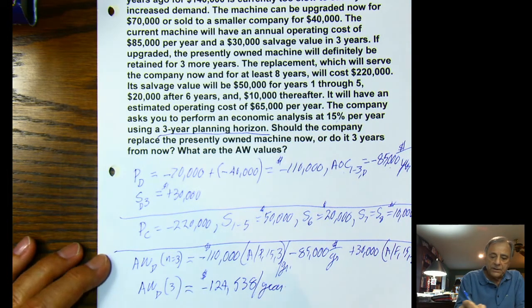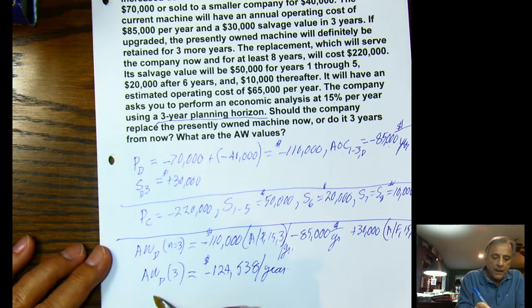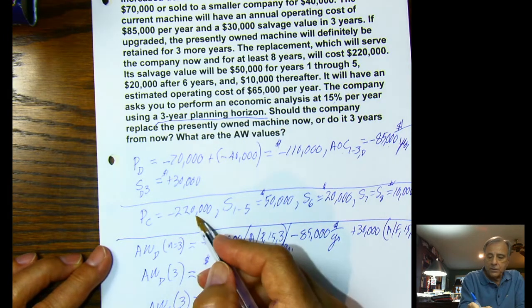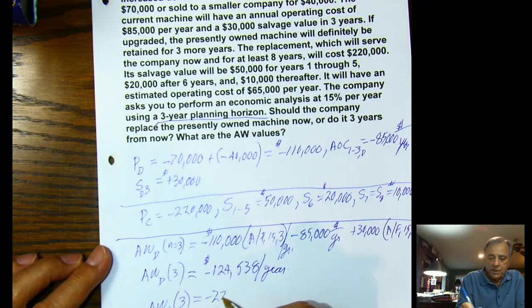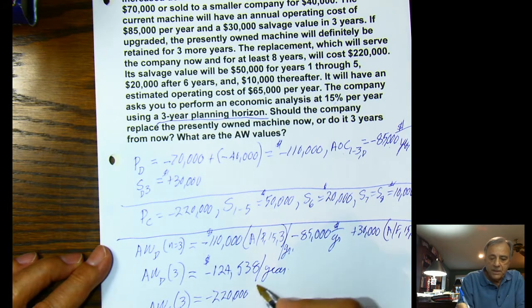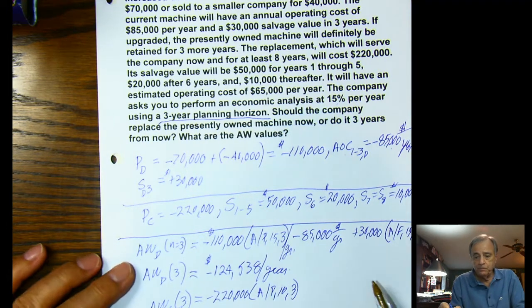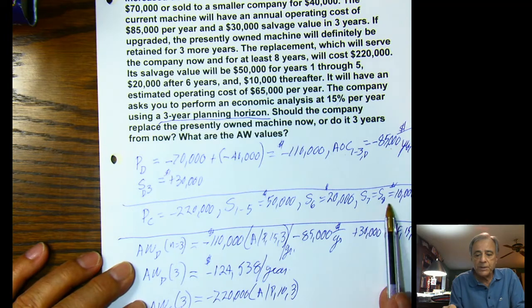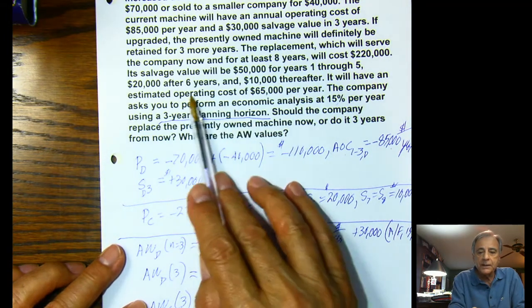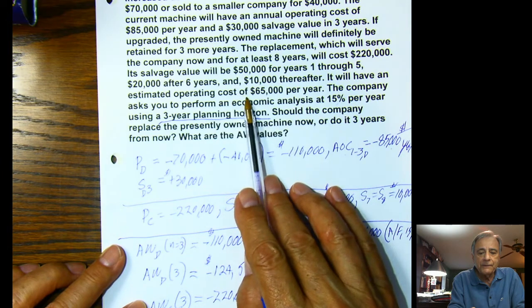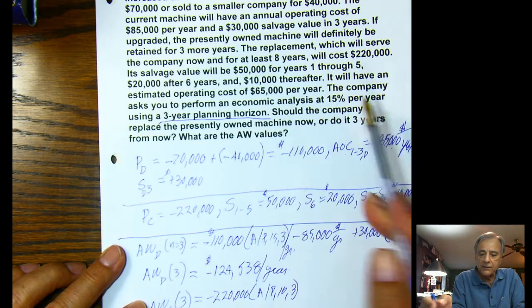So now I'll look at the Challenger. Annual worth of the Challenger for 3 years of service will be cost $220,000, spread that over 3 years, A given P, 15% and 3. And let's see, there must be an operating cost for that thing that I didn't put down. Salvage value, there it is, $65,000 operating cost.